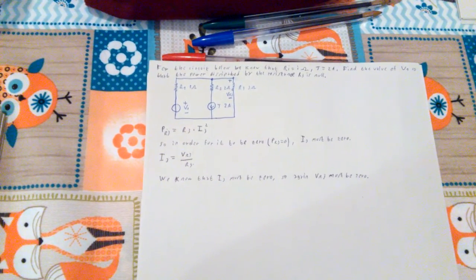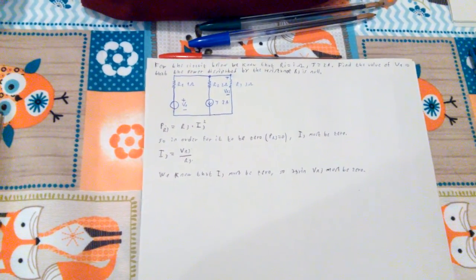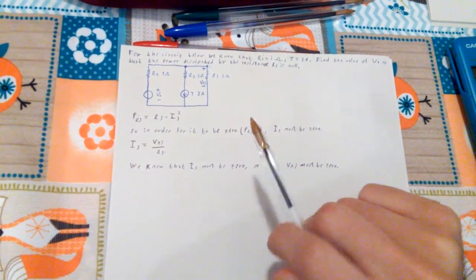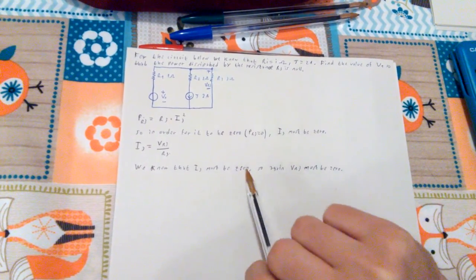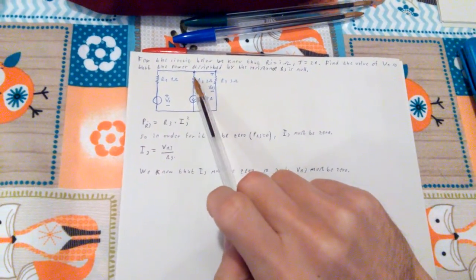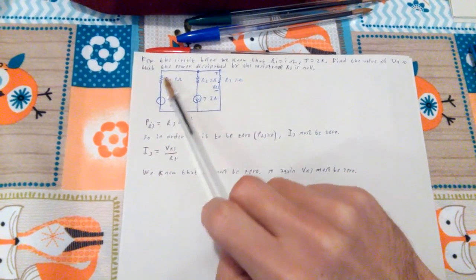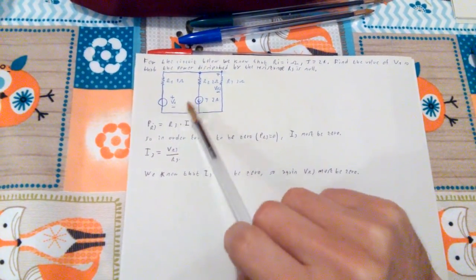Now, taking this into account, I can apply Kirchhoff's voltage law to the closed loop on the left-hand side.